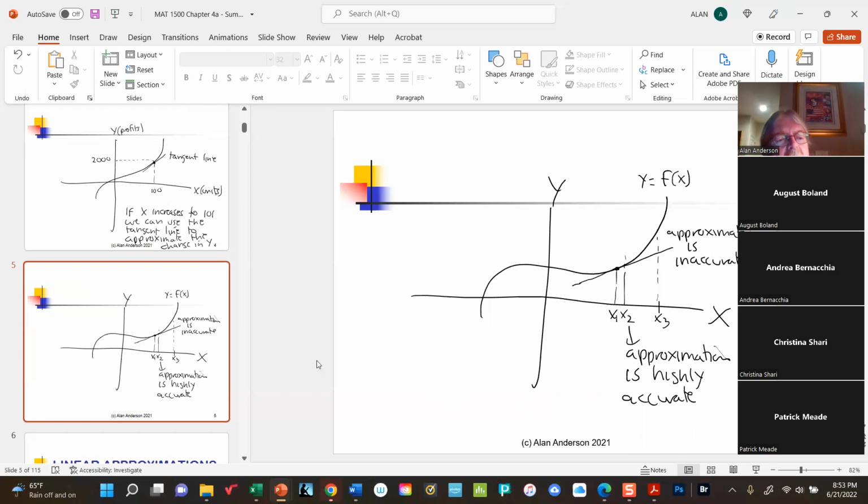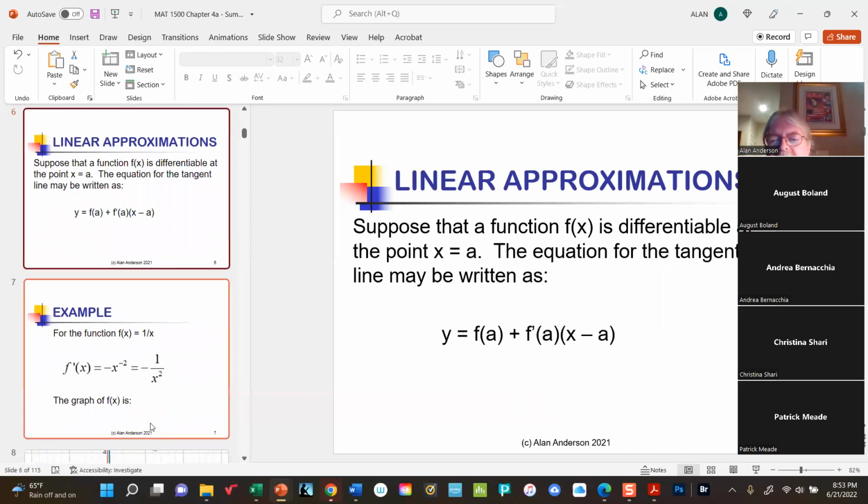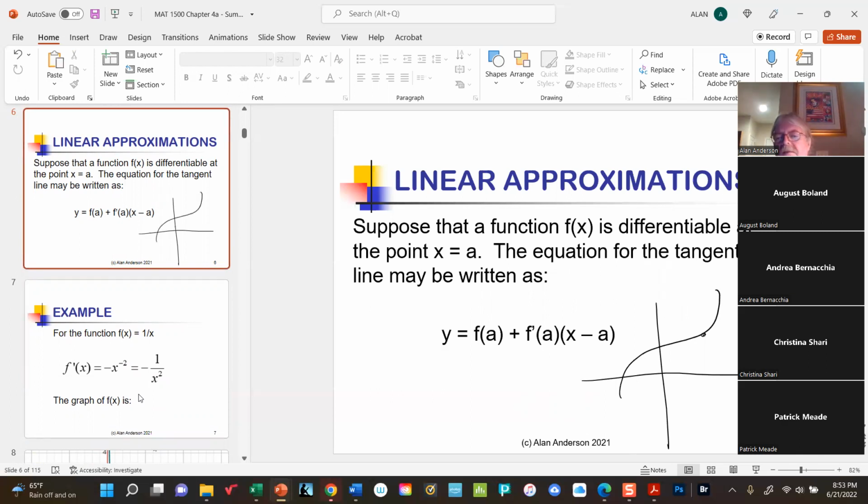So anyway, what we're going to do is start with this equation. It turns out that no matter where we're looking on the curve, if this is point A, this would be, of course, f of A. The equation of the tangent line can actually be written with this formula.